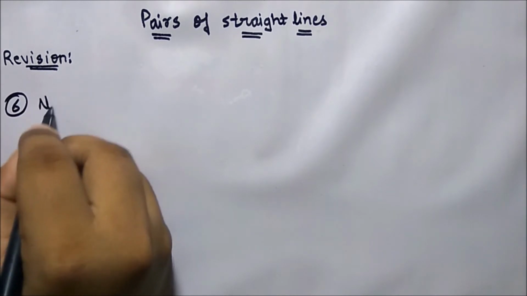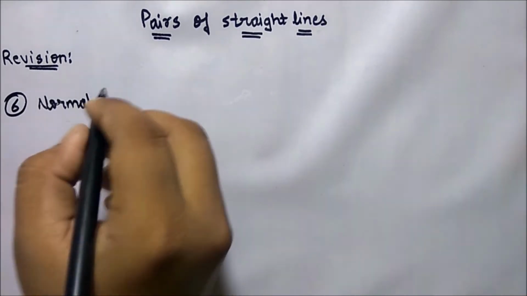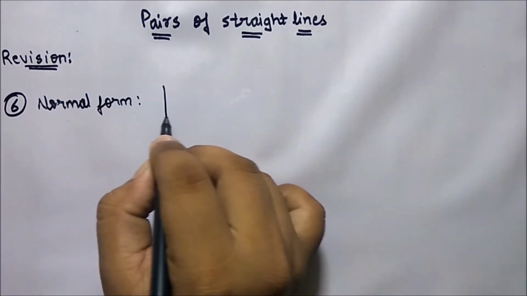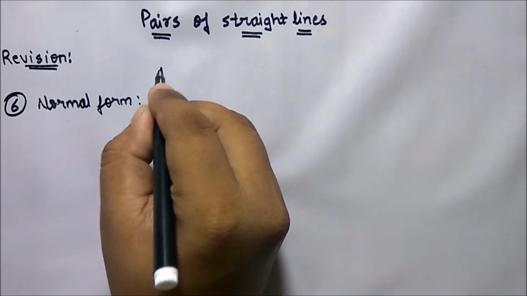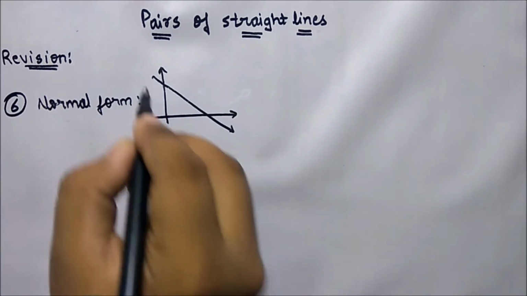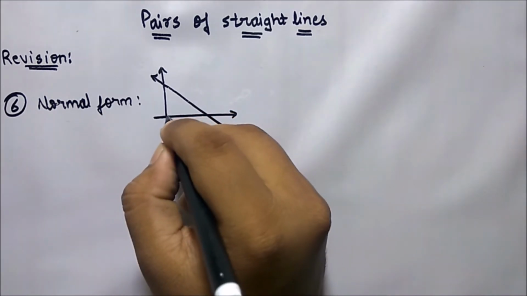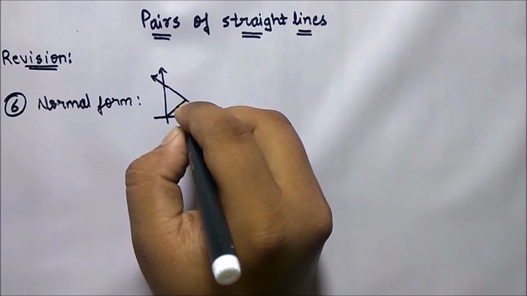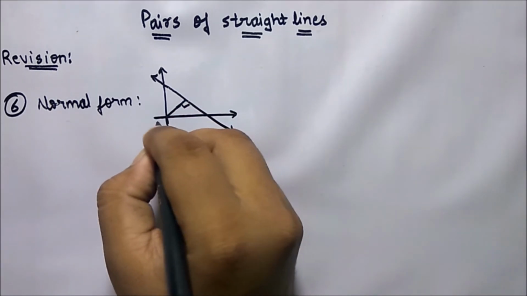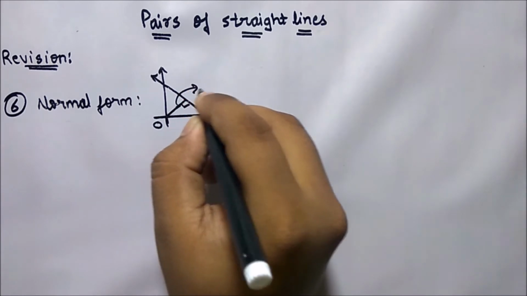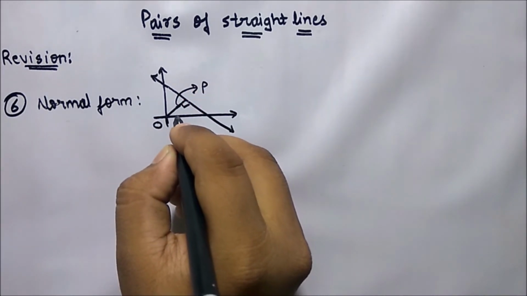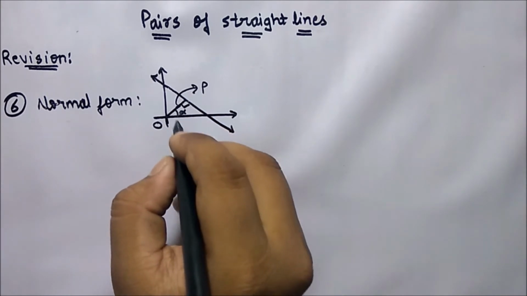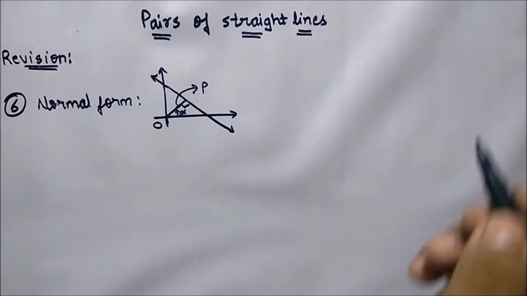Another form which we have is the normal form. In this form, if this is our required line of which the equation is to be found, and this is the perpendicular distance of the line from the origin, say this distance is p, and this is the angle alpha made by the perpendicular line with the x-axis in anti-clockwise direction.